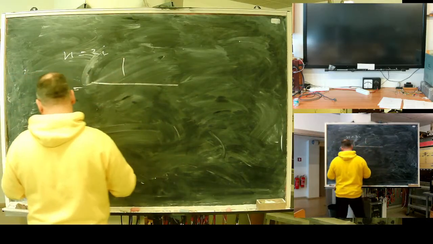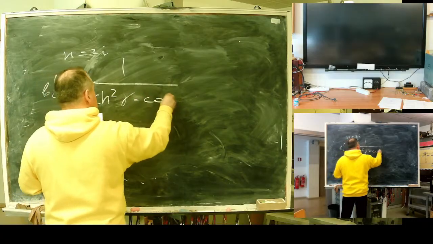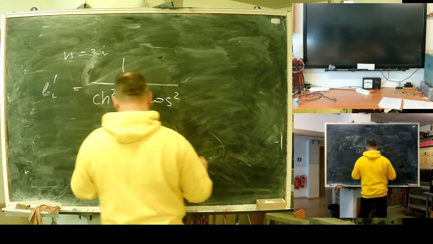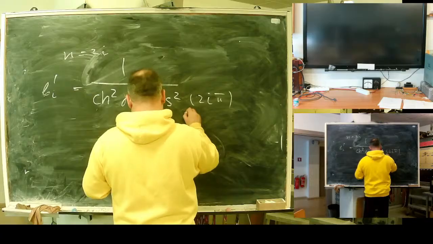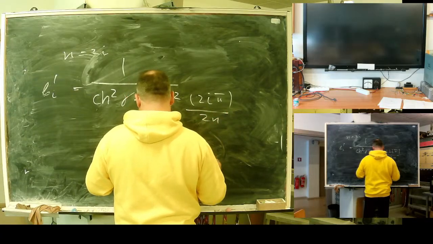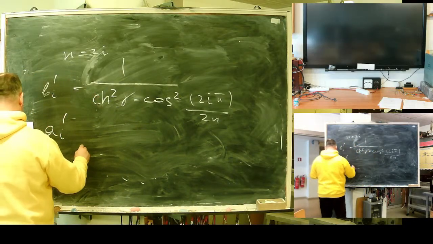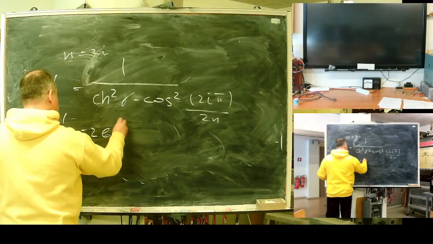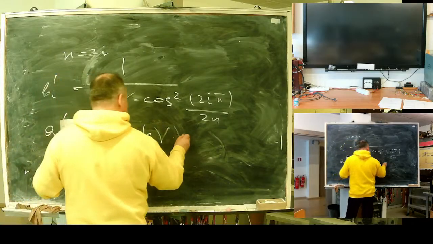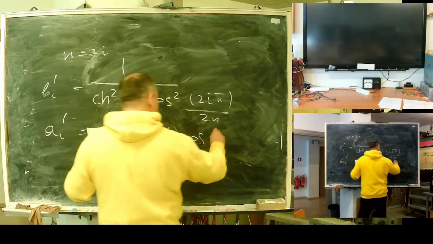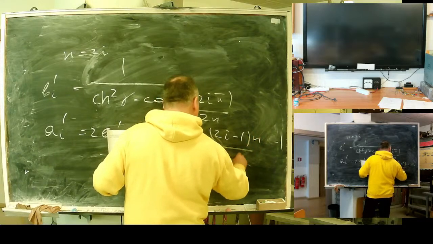1 divided by the square root of gamma squared minus cosine squared of 2i pi divided by 2n, multiplied by gamma, multiplied by cosine of (2i minus 1) pi divided by 2n.